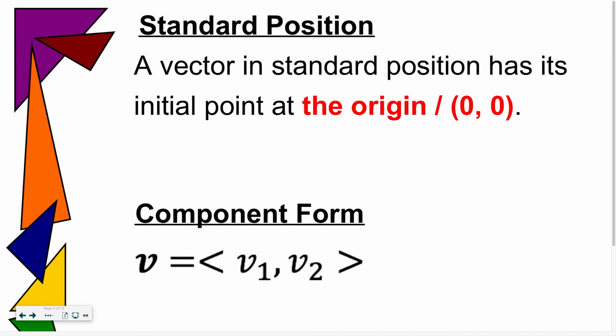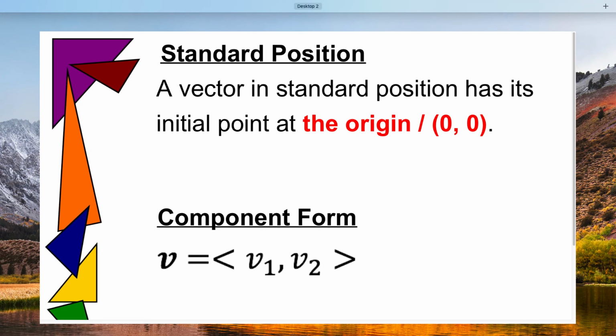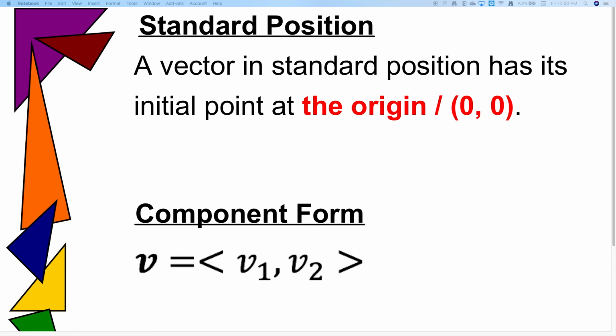Okay, let's talk about standard position vectors. A vector is defined as being in standard position if the initial point of the vector is at the origin, so at (0, 0). Now, not all vectors are actually in standard position.